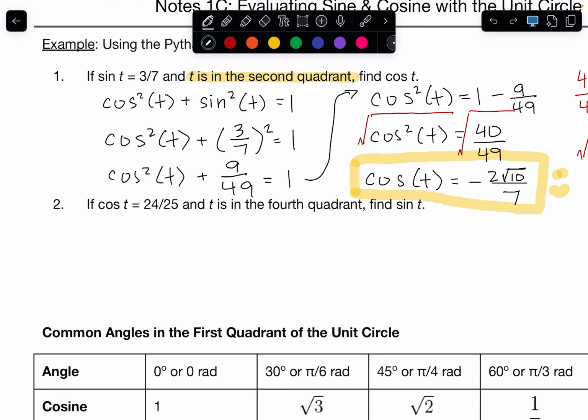Cosine of 24 over 25? Let's start here. I agree that at some point 24 over 25 is going to come into play. That's our Pythagorean identity. And cosine is 24 over 25, so this whole thing's going to get replaced with what?